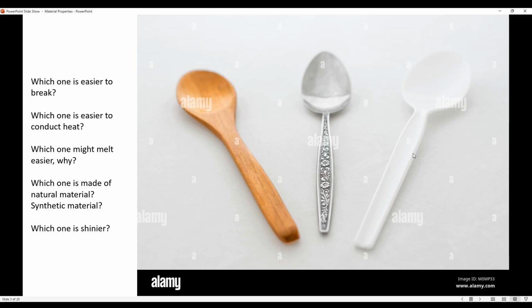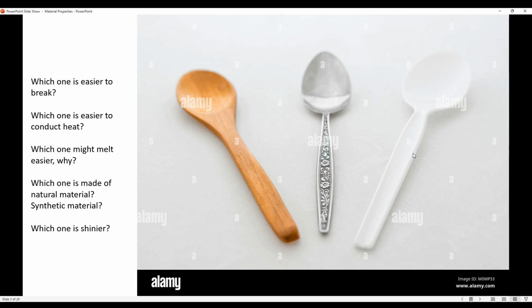Which spoon is the easiest to conduct heat and electricity? That's correct. The metal spoon is the one that conducts heat and also electricity. Which spoon might melt faster than any other spoon? The plastic spoon can melt the fastest compared to the other spoons because it's made of plastic.